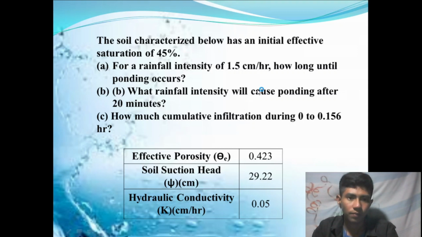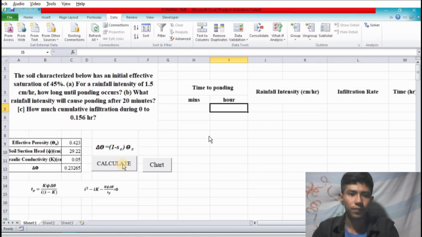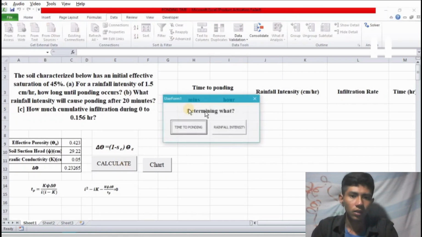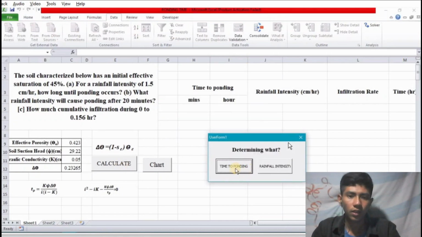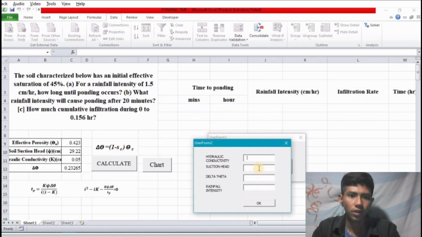Ponding time. Hydraulic conductivity 0.05, suction 29.22, delta theta is 0.23265, and the rainfall intensity is 1.5.